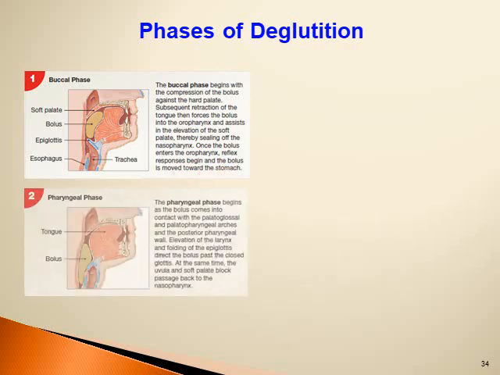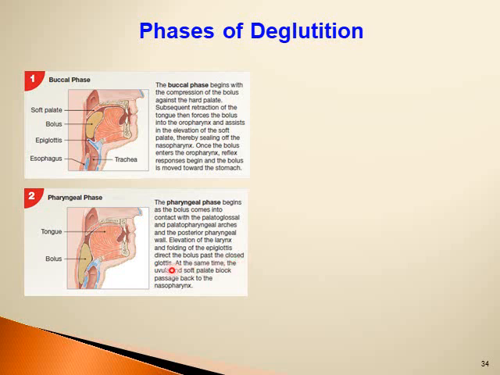The pharyngeal phase, which is an involuntary phase, begins as the bolus comes into contact with the palatoglossal and palatopharyngeal arches and the posterior pharyngeal wall. Elevation of the larynx and folding of the epiglottis direct the bolus past the closed glottis.